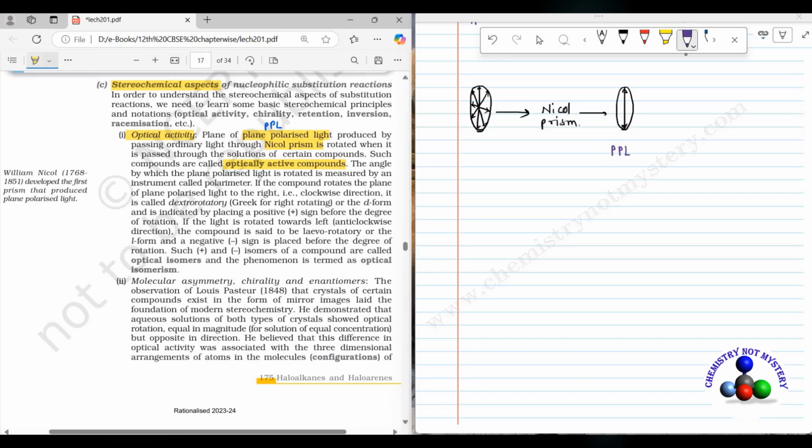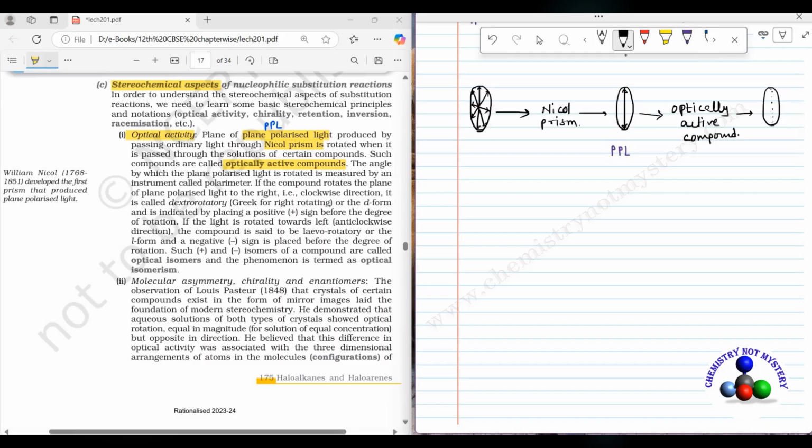So when this plane polarized light passes through an optically active compound, so here optically active molecule or compound, it rotates plane polarized light either in the right direction or in the left direction. So this was the previous, I can draw the dotted line to show the previous rotation of light.